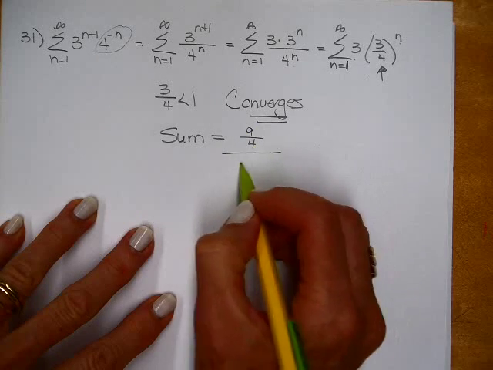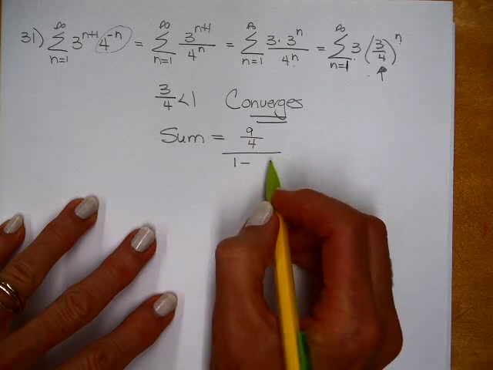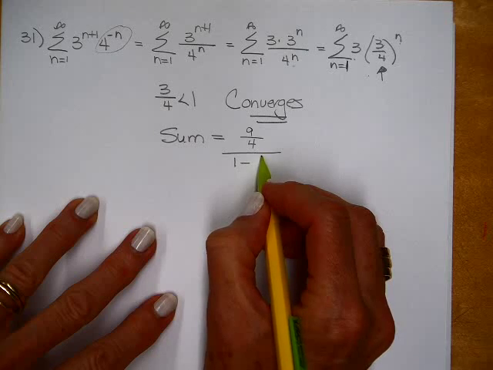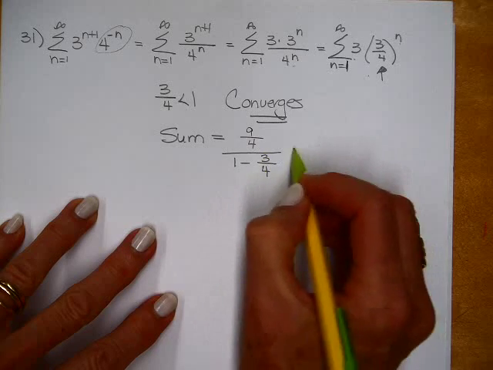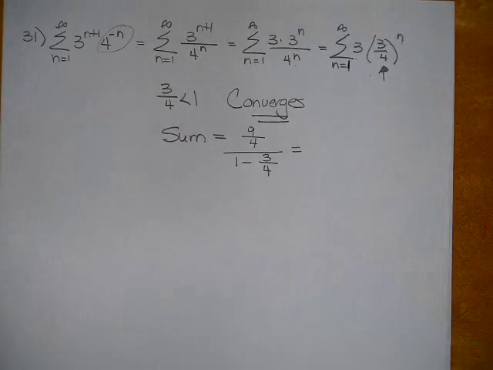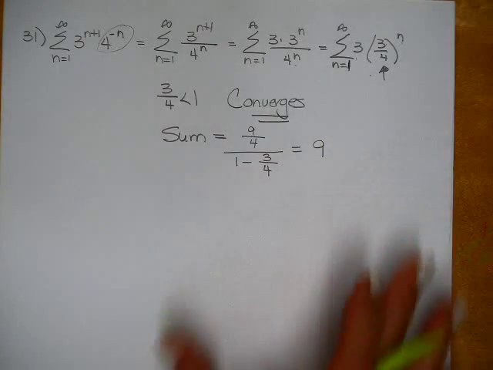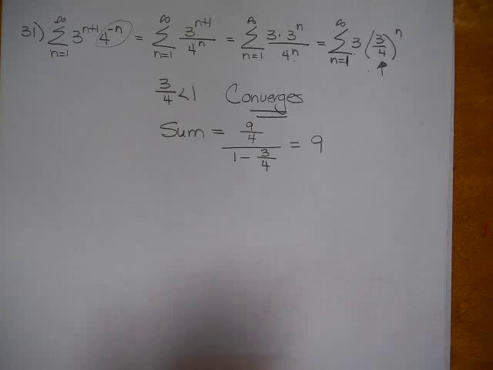So 9/4 over 1 minus my common ratio, which is 3/4. So is that going to be 9 maybe? So my sum is 9.